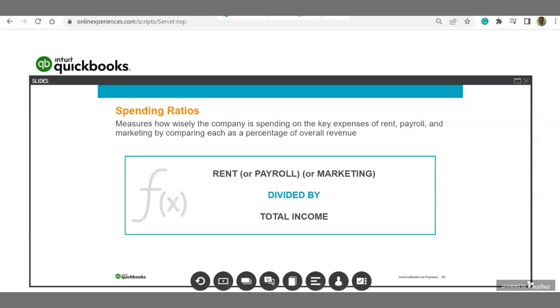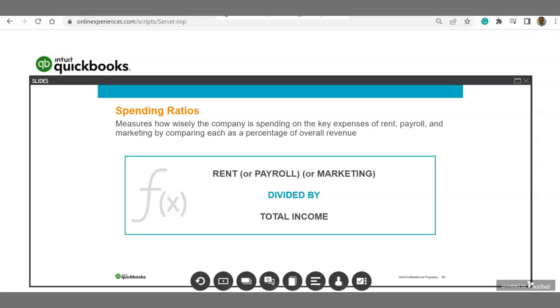Okay, let's also talk about some spending ratios. These are a little more general. So these are kind of picking into the P&L, picking out some particular areas of expenditures that are quite common. So spending ratios are going to measure how wisely or how efficiently the company is spending on some of the major overheads.